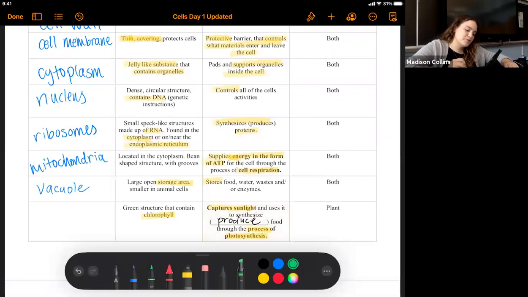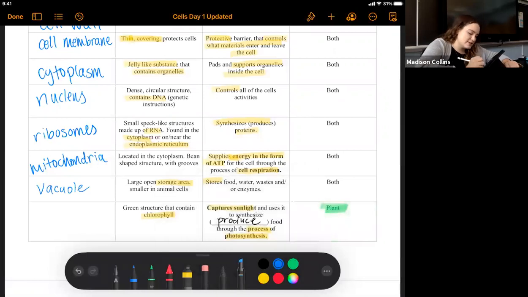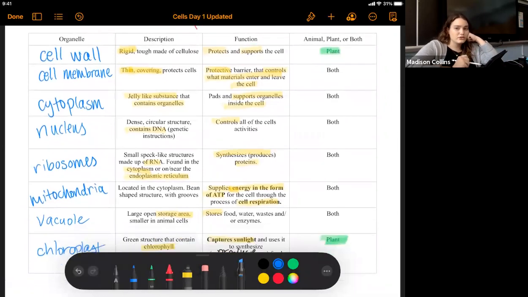Now, super important, this is only found in plant cells. What is it? This is our chloroplast. Right, so we've got two structures that are only found in plant cells, our cell wall and our chloroplast.